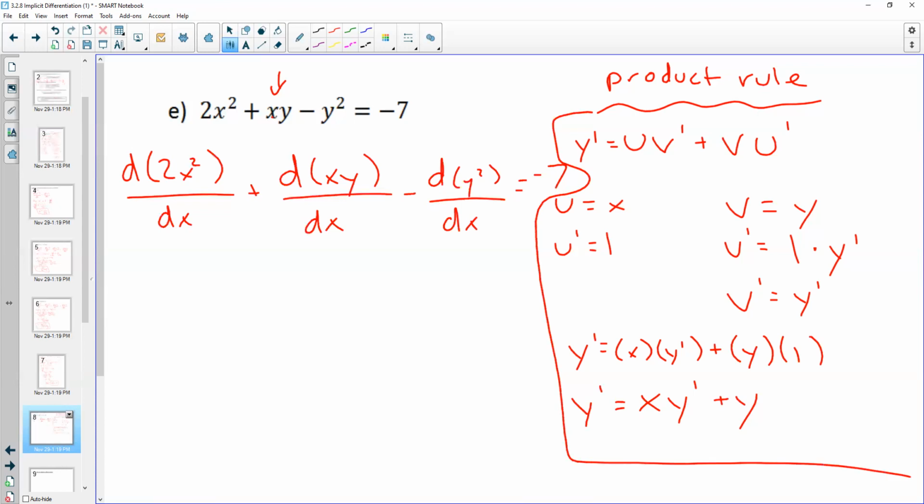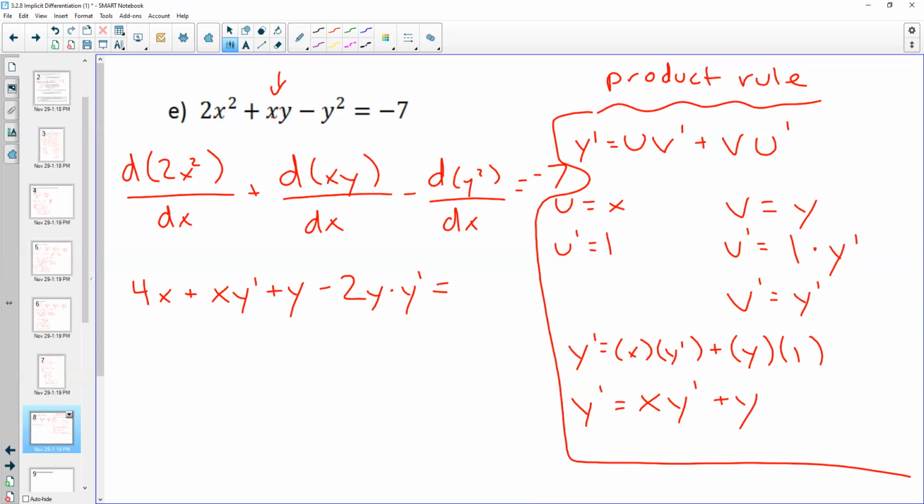Okay, so the derivative of 2x squared is going to be 4x. And because we differentiated x, we don't have to include an x prime. We already found the derivative of xy, which is right here, x y prime plus y. And then we are subtracting the derivative of y squared, so we'll have 2y y prime.